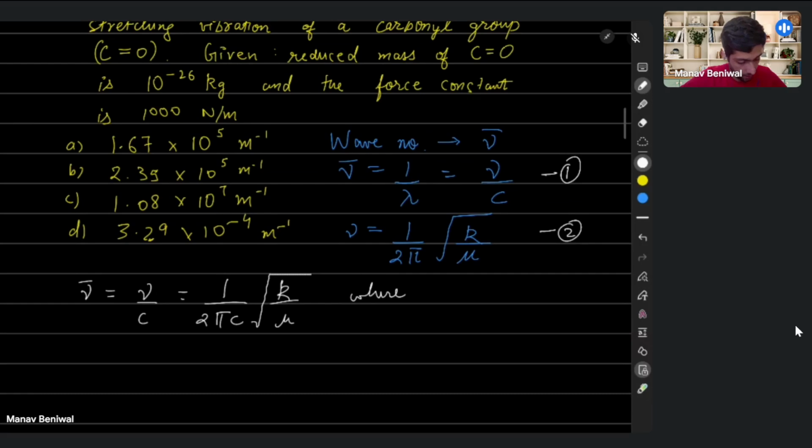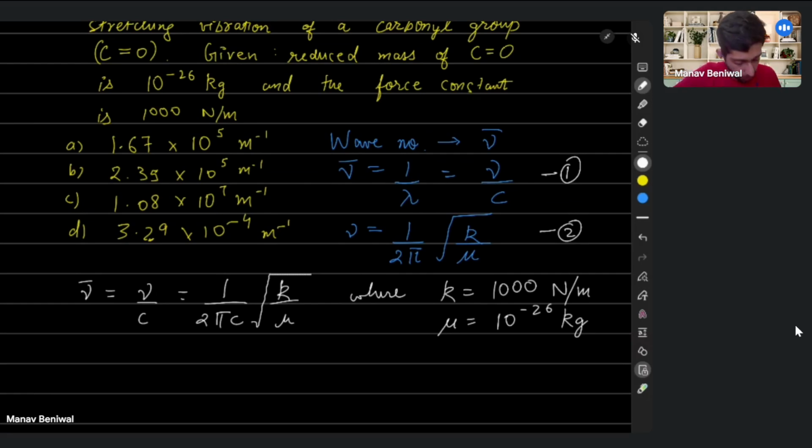So you can see that k is given to be 1000 newtons per meter, and mu is given to be 10 to the minus 26 kg.